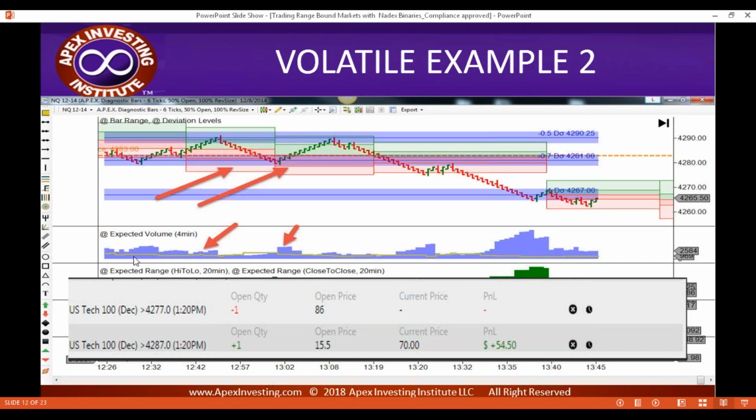So when the volume is higher than expected, that means what? Volatile, right? So I'm not looking to trade this strategy during volatility. I don't want to trade this strategy when I see high volume. I don't want to trade it. Even though the market is staying within these boxes, I notice that it's coming down to the bottom of a box, coming up towards the top, coming down. That's a volatile market. Does that make sense?